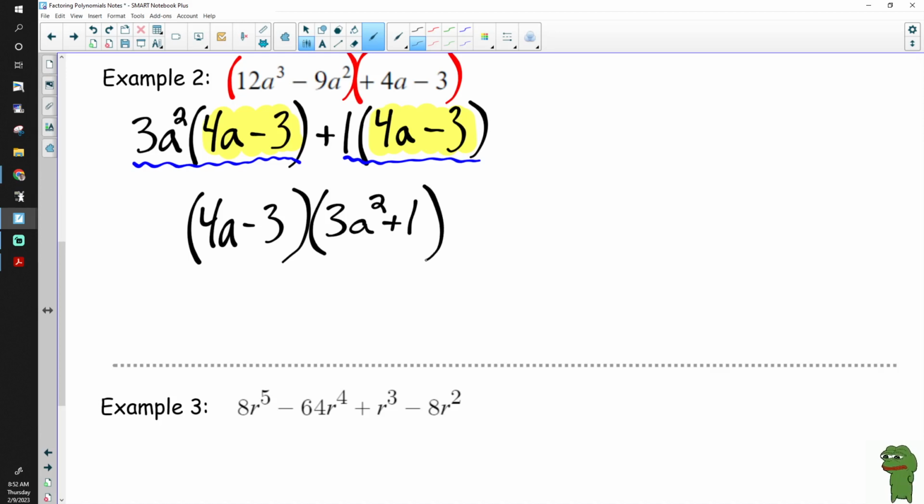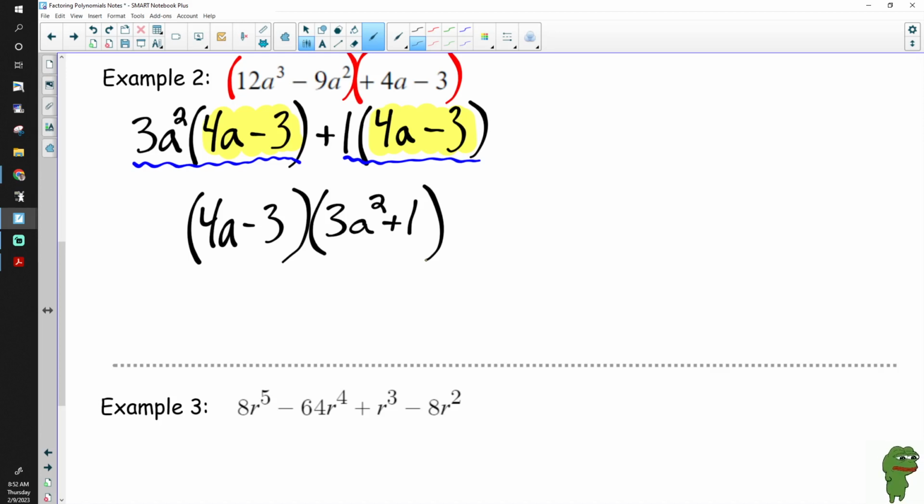What should we check before we decide if we're done? We need to see, can we use the x method on 3a squared plus 1, because that's a quadratic. Its b value is 0.